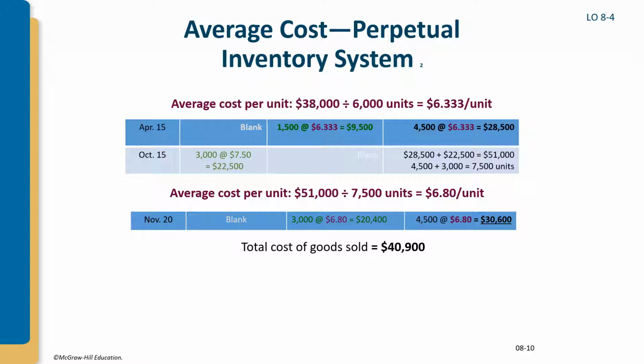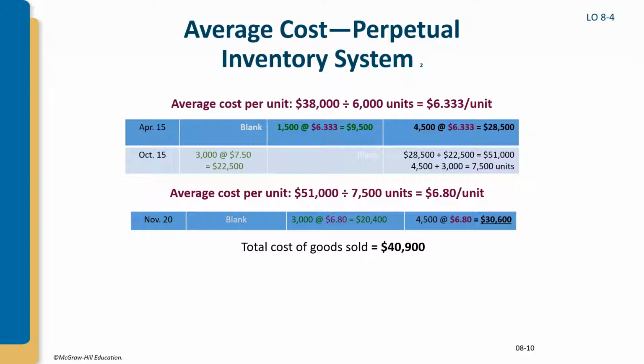So now the total cost of all your inventory at this point is 51,000. There were 4,500 cups before the purchase. You just added 3,000 more. So now there's 7,500 cups. So divide 51,000 total cost divided by new total quantity of 7,500. Each one costs $6.80 each.